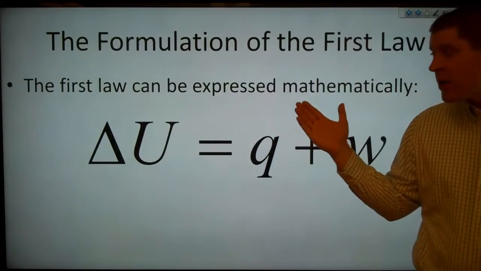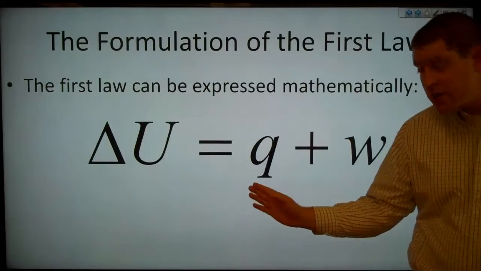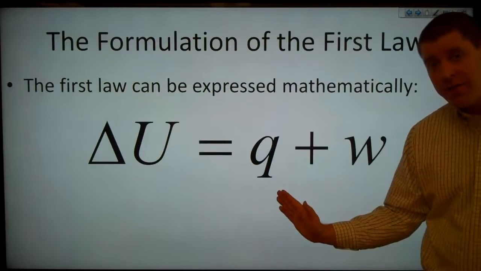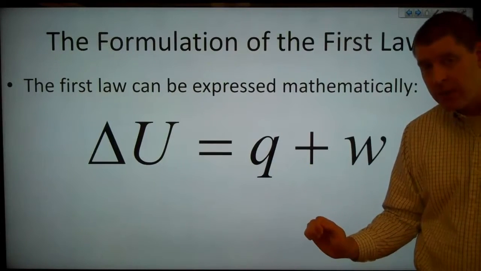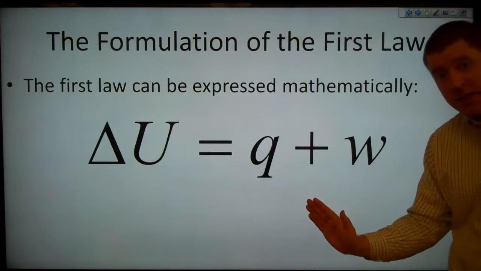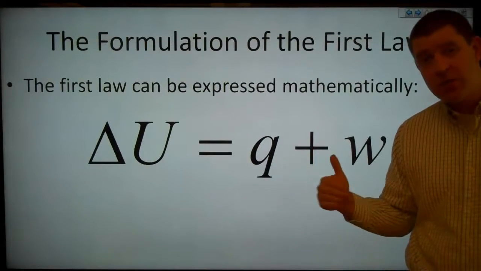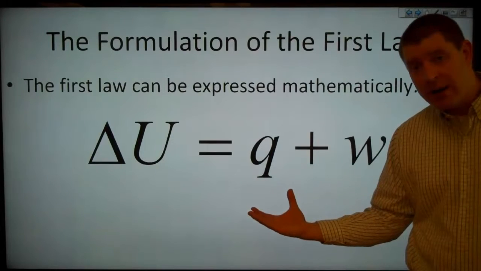Now we can also express the first law mathematically as the change in internal energy of our system is equal to Q plus W. Q is defined as the heat absorbed by the system, and W is defined as work done on the system by the surroundings. If the system is absorbing energy as heat, then Q is positive.